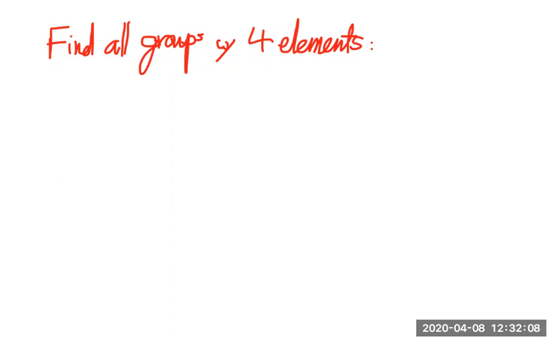Okay, someone wants to say something. Victoria, you want to say something? Yeah. When we were classifying these in class, she also used a group of order 3 as the cyclic group of G, like little g. That is correct. Yeah, but because when we looked at the table, we noticed there are no choices, right?